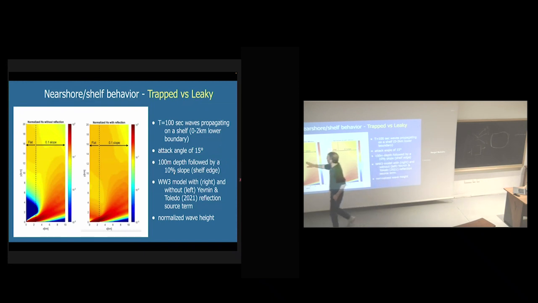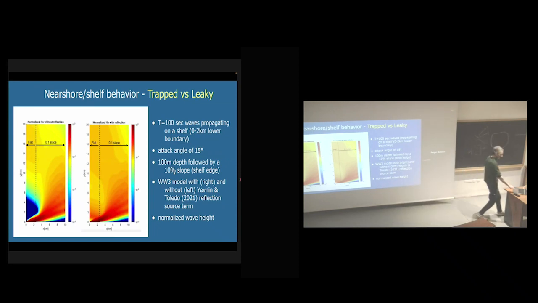So here is a flat 100 meter shelf that's going down in a slope of 10%. And then you can see the waves propagating out from this side, let's say the infragravity wave, and they're refracting back. But if you have a reflection from the bathymetry, everything works differently, and you see all this area is also covered with energy. So a lot more energy will be trapped inside.